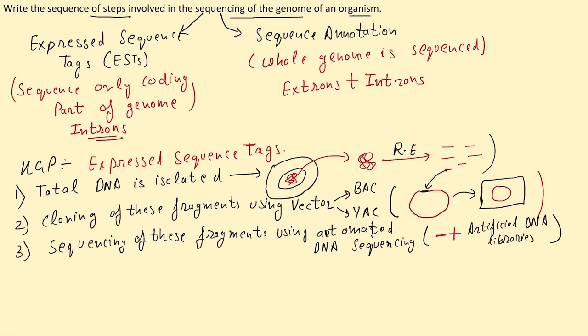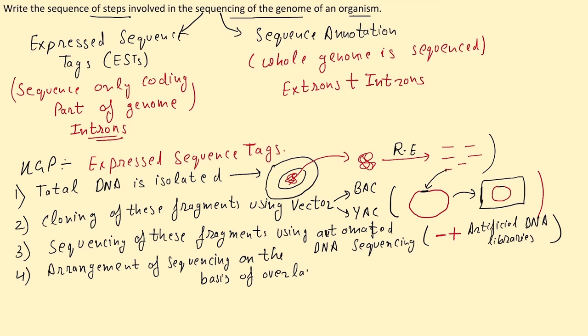In the fourth step, these DNAs are arranged. The arrangement of the sequencing is done on the basis of overlapping.